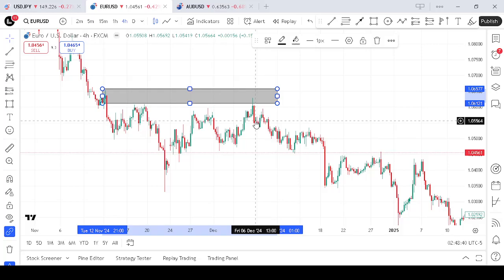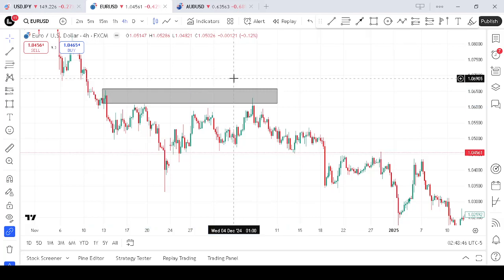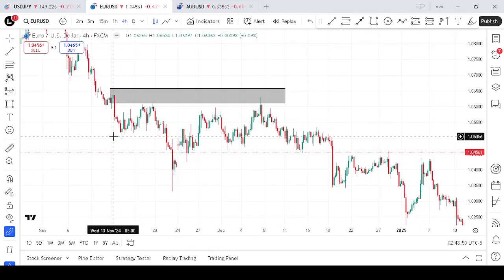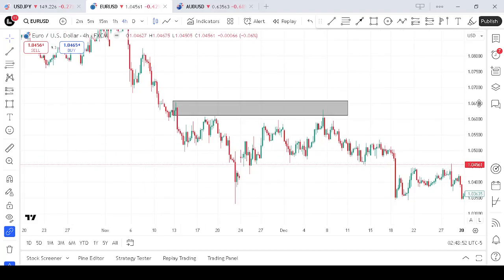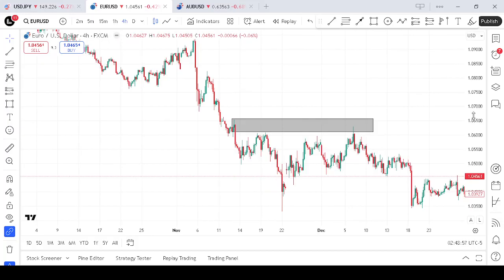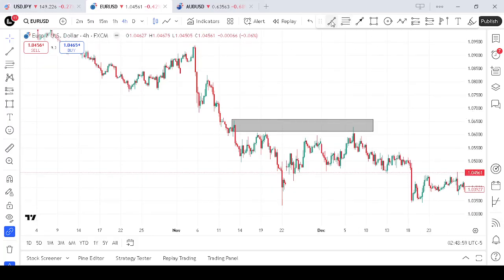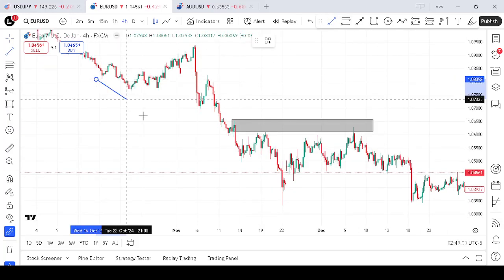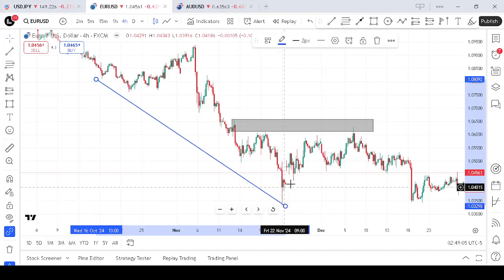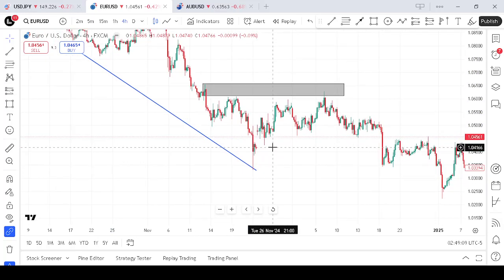Price reacted strongly due to the presence of the leftover orders in this area. And the fourth characteristic is it has to be located at a trend origin. As you can see, it has the characteristic of a bearish trend. The price shows that price is trending downward, as you can see.